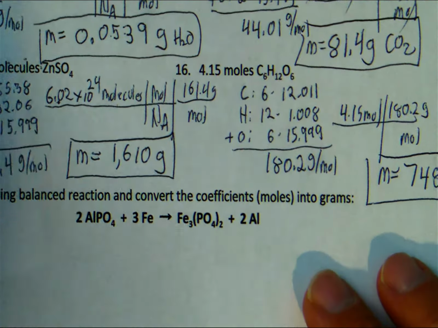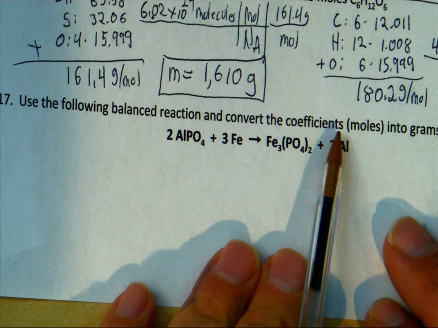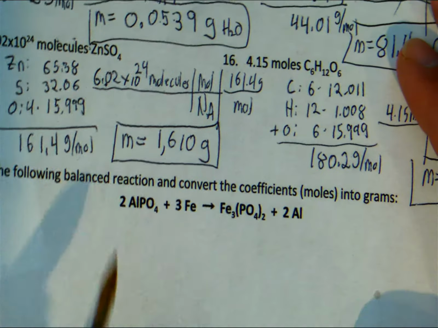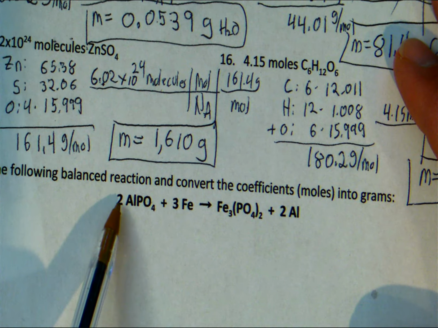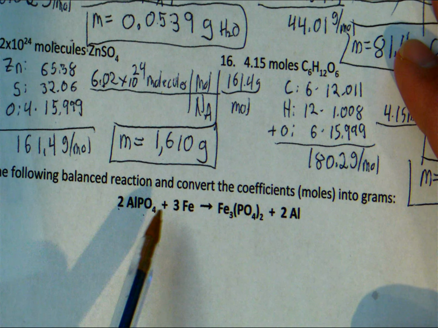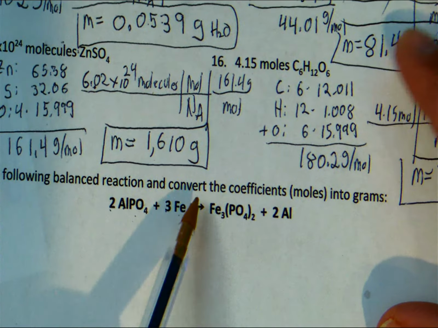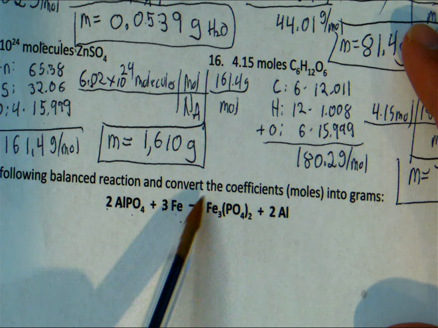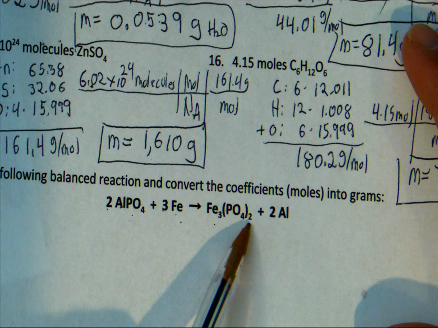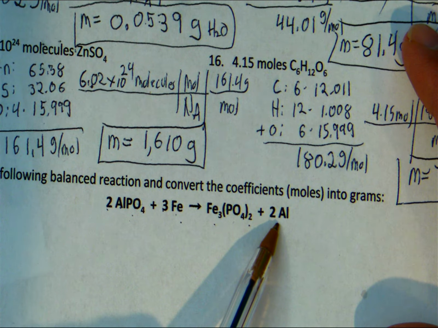Number 17. Use the following balanced reaction and convert the coefficients of moles into grams. All right. So it says here, for every 2 molecules of aluminum phosphate that I combine with 3 atoms of iron, I create 1 molecule of iron, probably 2 phosphate, plus 2 aluminum atoms.